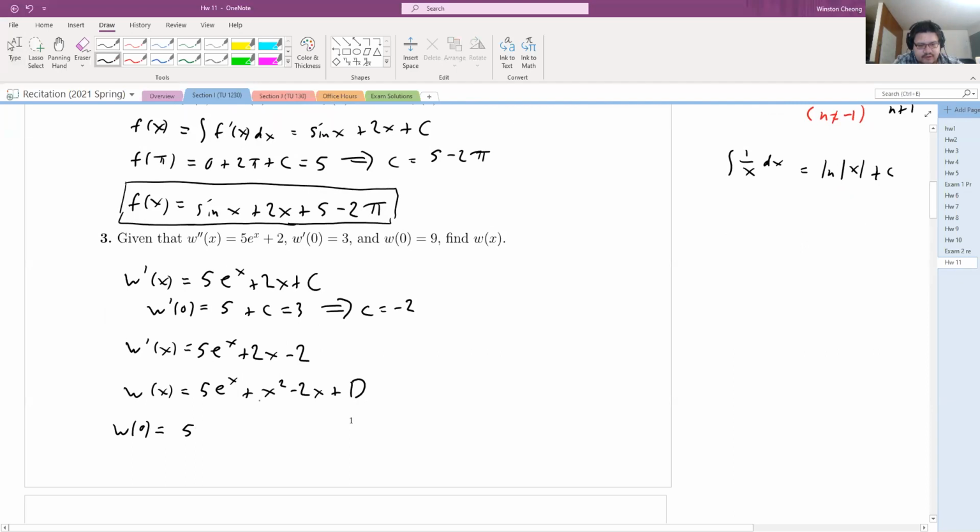When I plug 0 in, I'm going to get a 5. These two terms are both 0, and then I get plus d. So that's equal to 9, which tells me that d is equal to 4. And so we now have all of the constants figured out. We can just recopy the function for w, replacing in the constant of integration that we just found. So there we go.